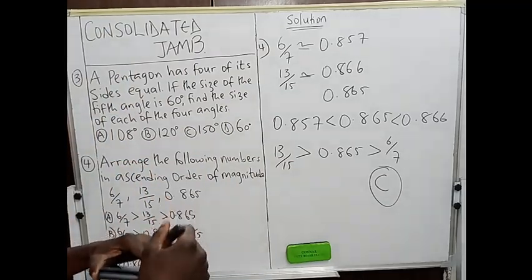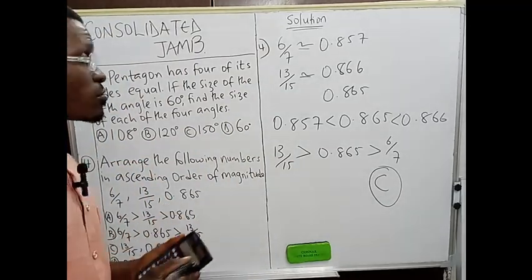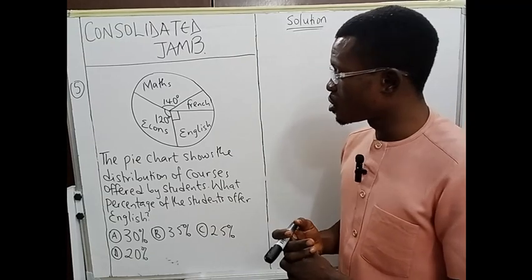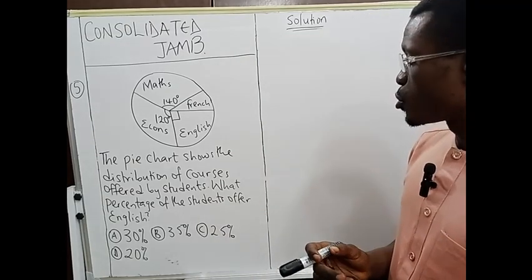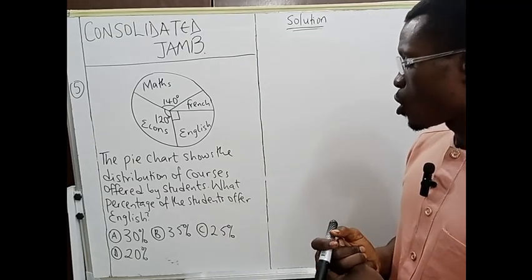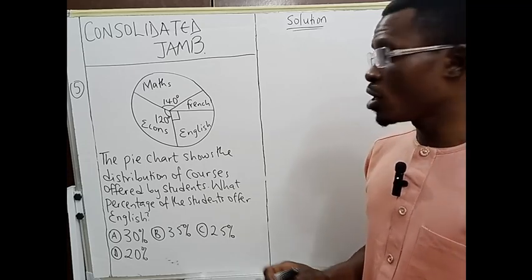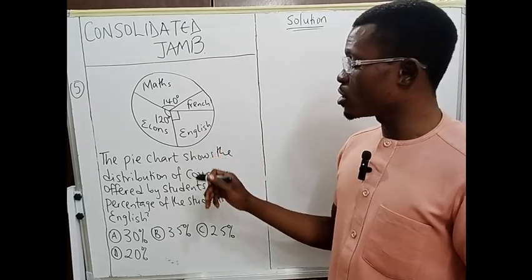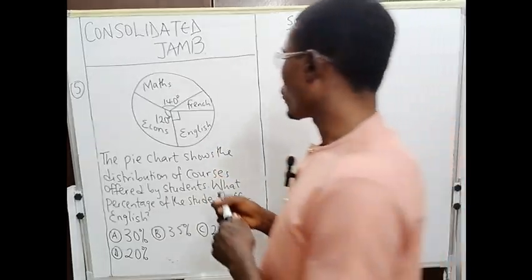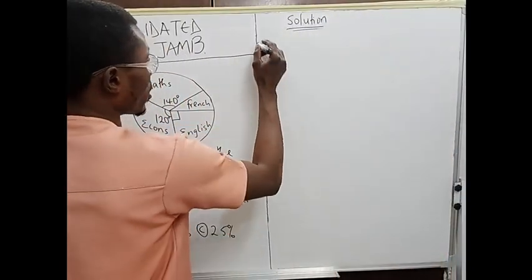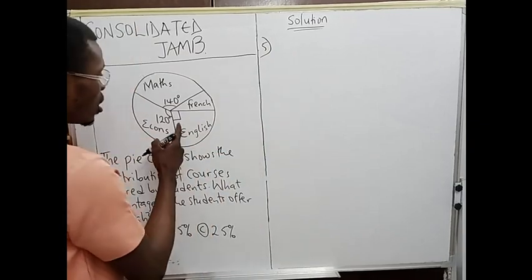Okay, now we'll go to the last question for this class, question 5. Now for the last question, the pie chart shows the distribution of courses offered by students. What percentage of the students offer English? Okay, to get the percentage of the students that offer English, we first of all get the fraction of students that offer English. All right, what is the fraction?